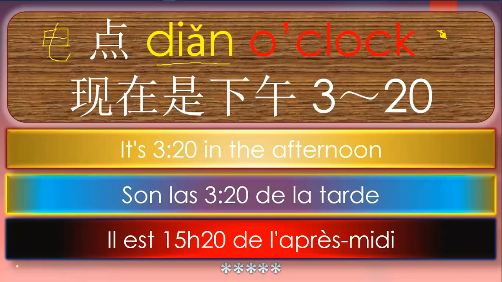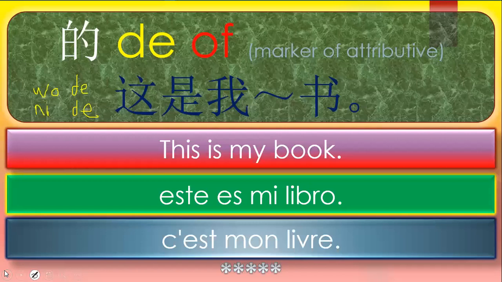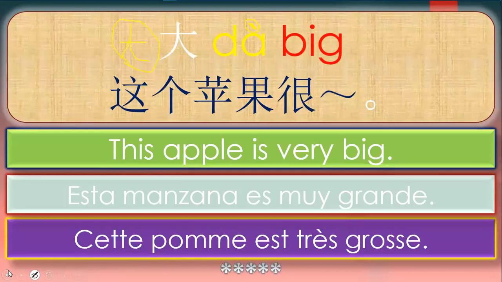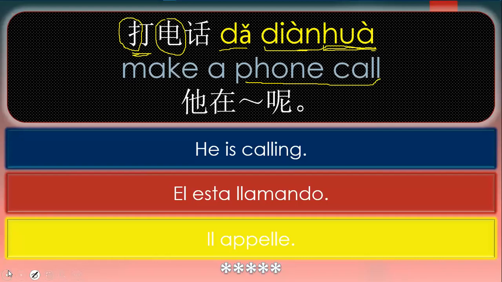Okay, good. How do we say make a phone call? 电话. Yes, but the part where you say you're hitting it, the part where you hit, 打. 打电话.